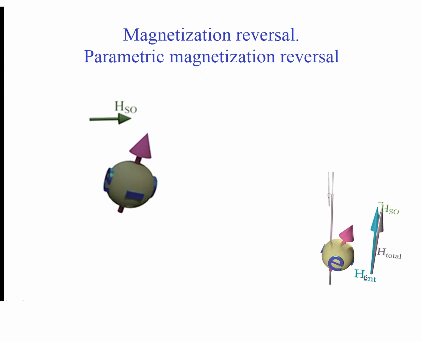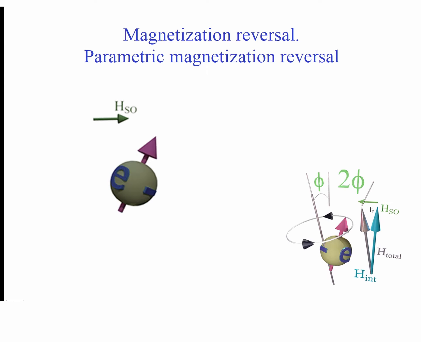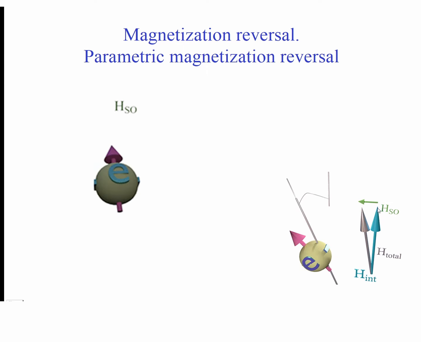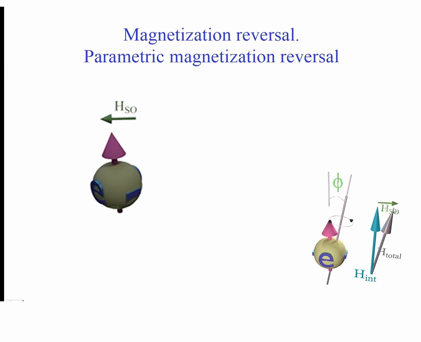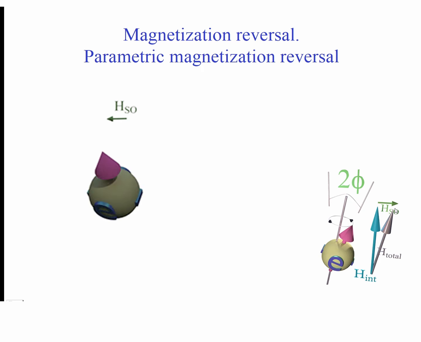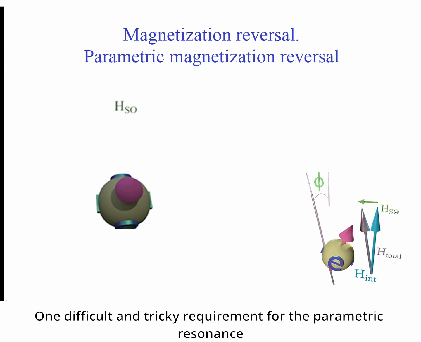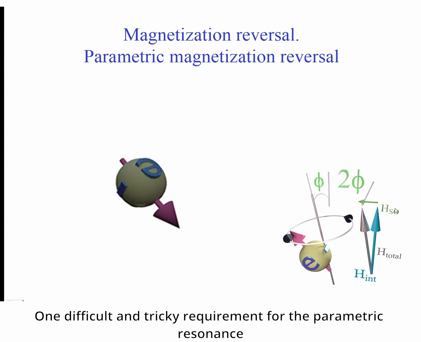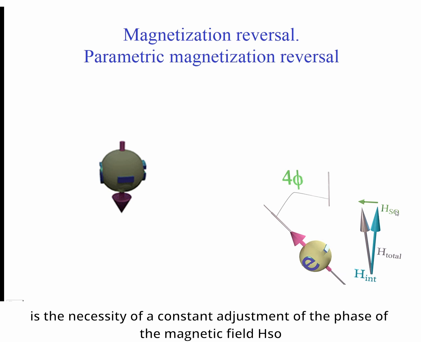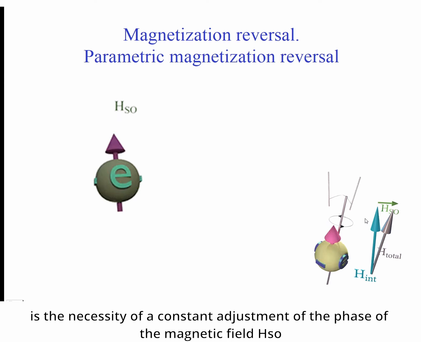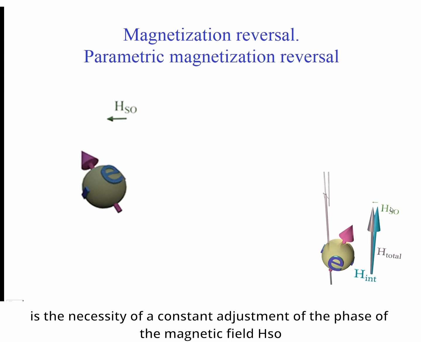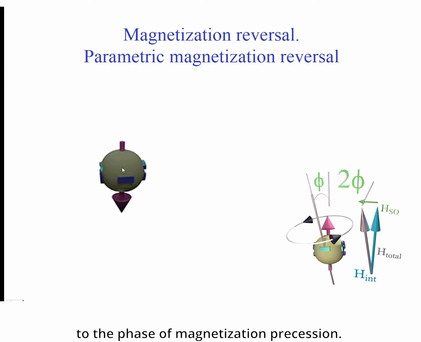So this is the internal magnetic field directed along the axis, and that is a small modulated magnetic field Ha. One difficult and tricky requirement for the parametric resonance is the necessity of a constant adjustment of the phase of magnetic field Ha to the phase of magnetization precession.